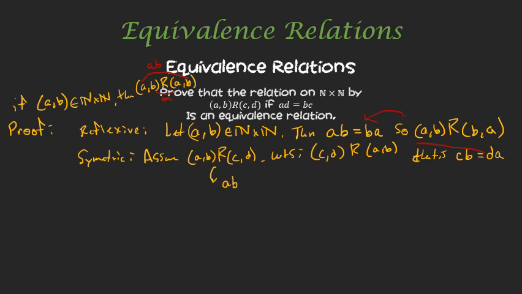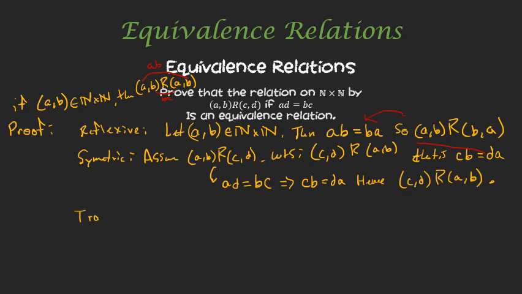That tells us that AD is equal to BC, which implies, I'm just going to rewrite this a little bit differently, that CB is equal to DA, right? It's saying the same thing. I'm using here the commutative property of multiplication of natural numbers. And so that follows. Hence, CD is related to AB. So we just proved that it was symmetric.